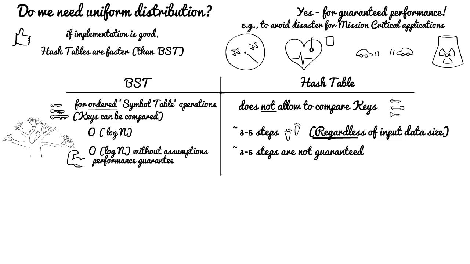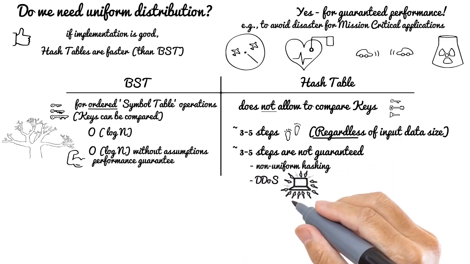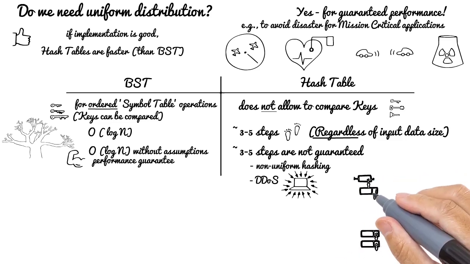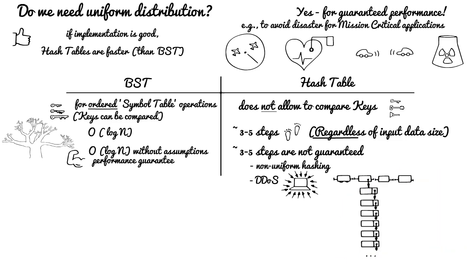A surprising situation may be for non-uniform hashing. And even a denial of service attack can be seen when somebody learns how your hash function works and puts all key value pairs into a single table index. In our prior birthday example with a simple hash function, we can insert carefully selected keys pointing to the same index. That may result in our performance being halted.